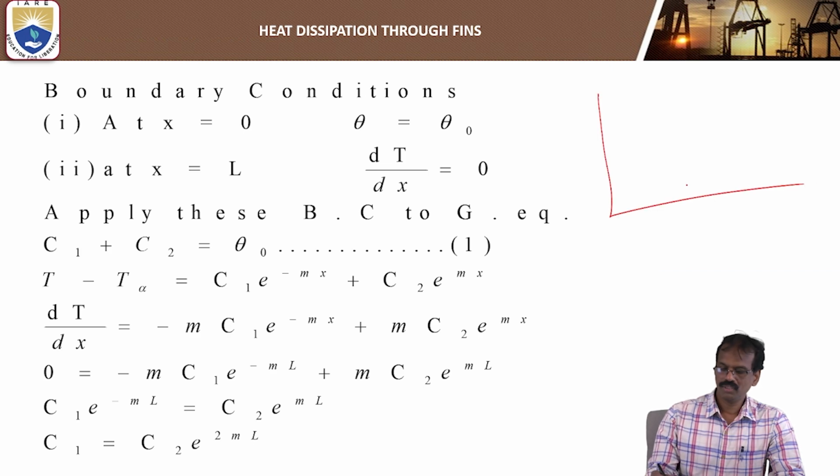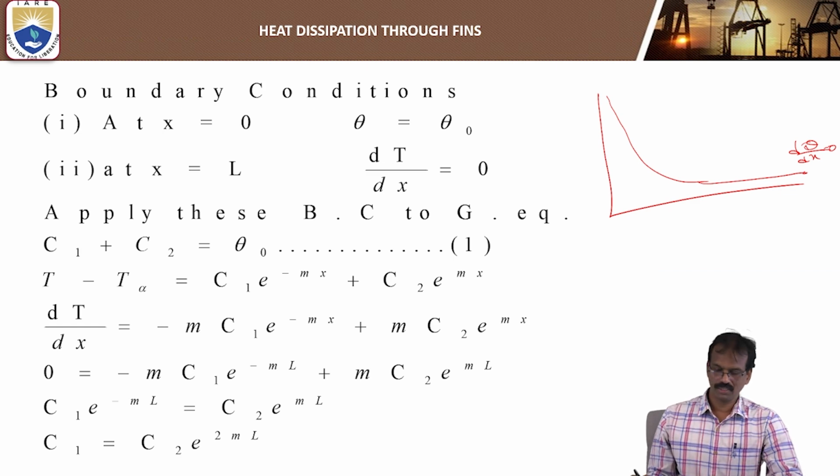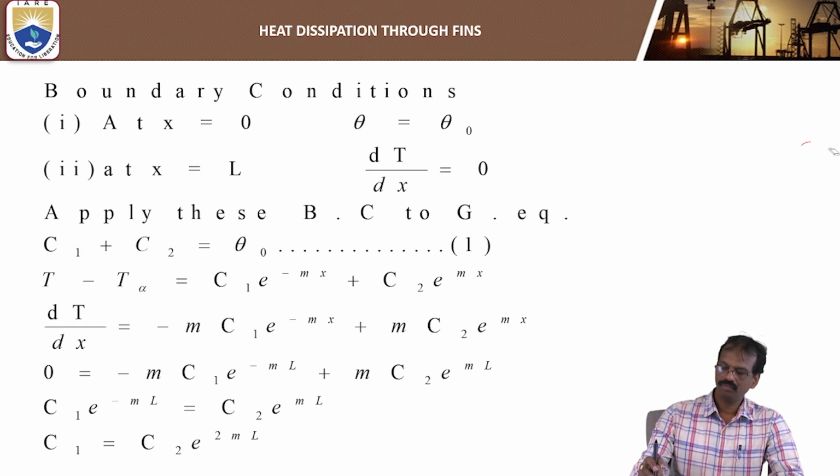If you compare, the heat transfer rate gradually decreases. So this is dT by dx is equal to 0. At a particular stage, the heat transfer does not take place. It means there is no change in the heat transfer rate, so d theta by dx does not change. It is equal to 0. So that is the insulated end fin.